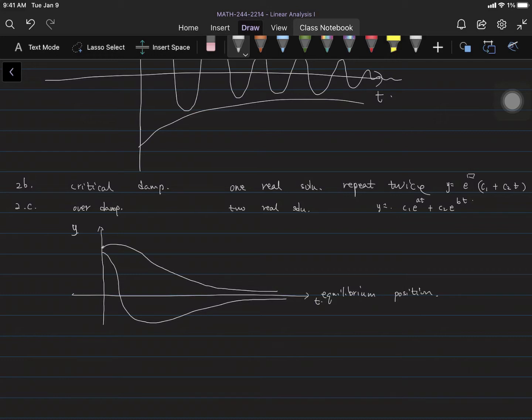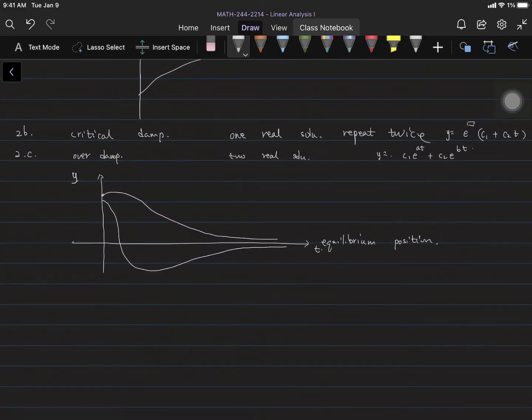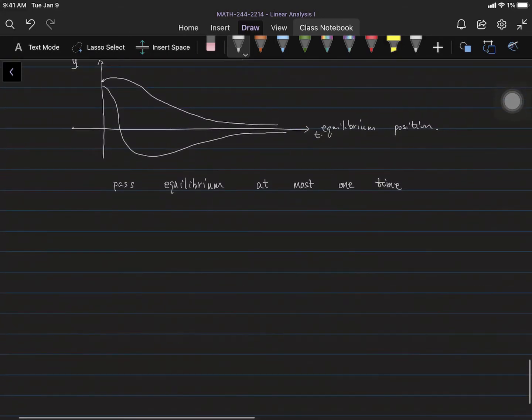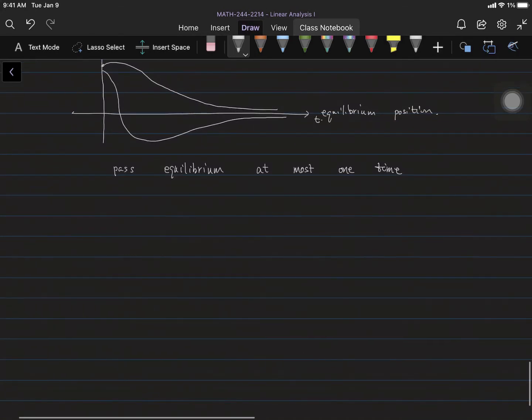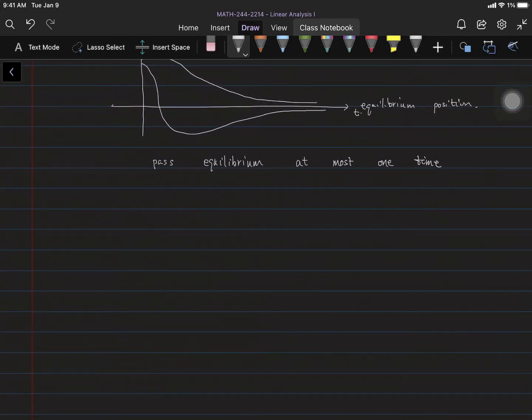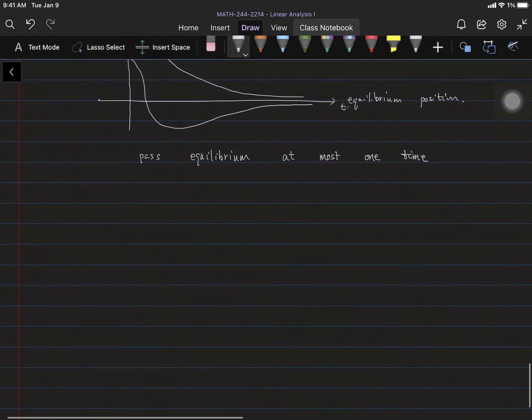So for 2B, 2C, critical damp and overdamp, they can pass equilibrium position at most one time. No oscillation. Okay, so just to remember those things. Underdamp, there is oscillation. Critical damp and overdamp, no oscillation.